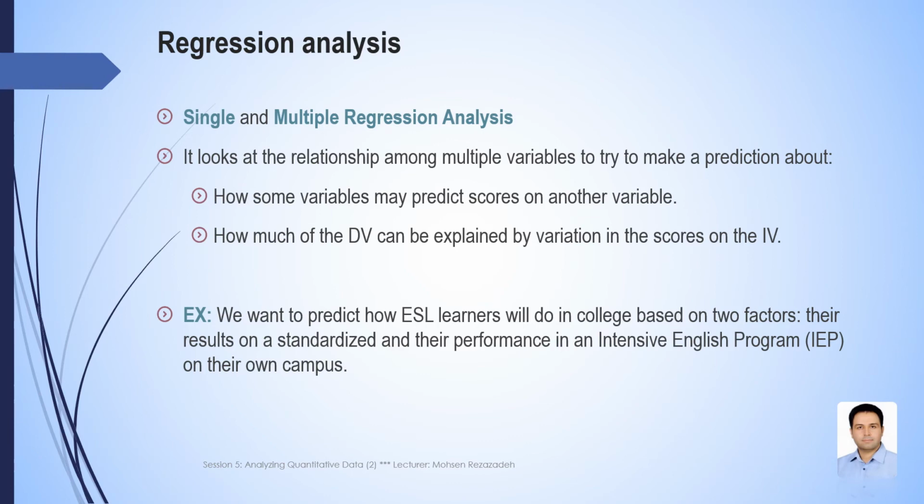Here we can use multiple regression. Multiple regression can help us to see if, for example, here we know a student's IELTS score, can we predict that his or her IEP score can be, for example, X? This is the usage of multiple regression.